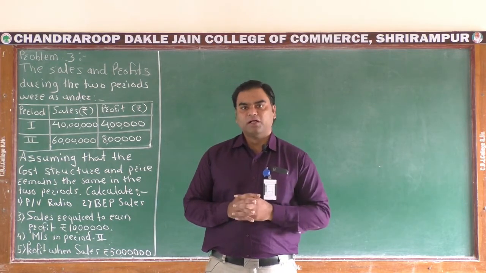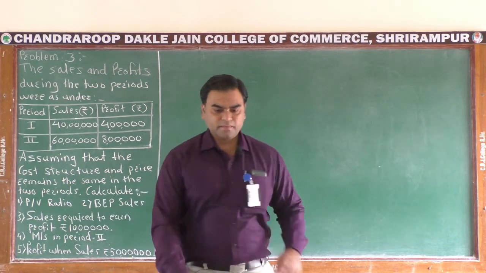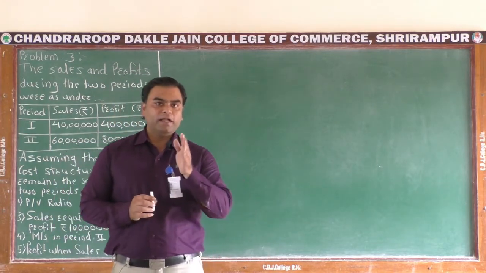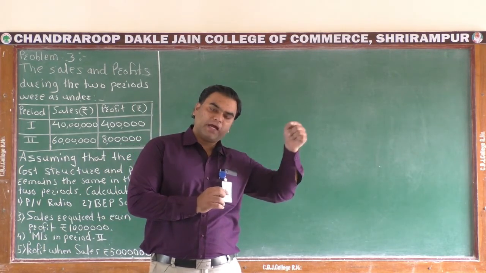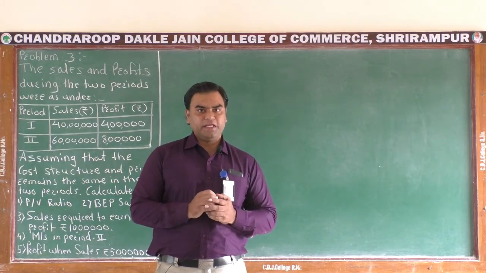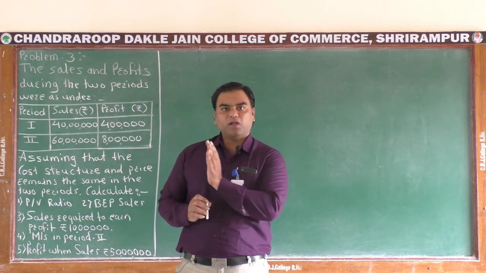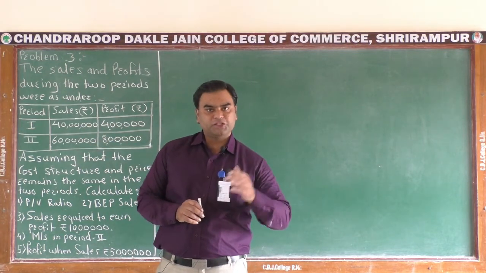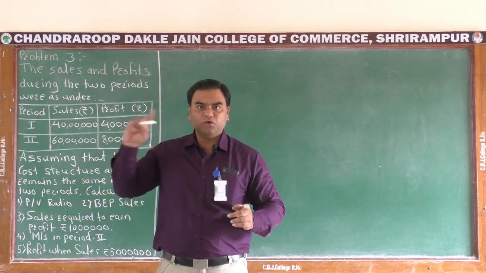So let's start our solution from PV ratio. While discussing formulas available to calculate PV ratio and VC ratio, we had discussed many formulas to calculate PV ratio. Out of the discussed formulas, one formula we can use here. Which formula we can use to calculate PV ratio? Change in profit upon change in sales into 100.